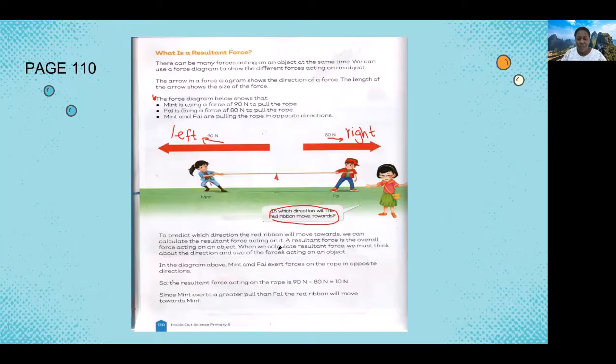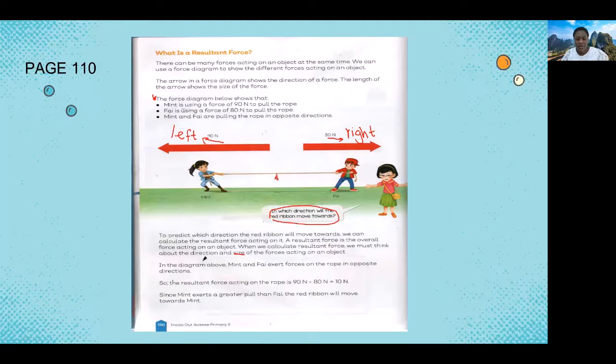When we calculate resultant force, we must think about the direction and the size of the forces acting. This one is 90 Newton and this one is 80 Newton. In the diagram above, Mint and Faye exert forces on the rope in opposite directions.